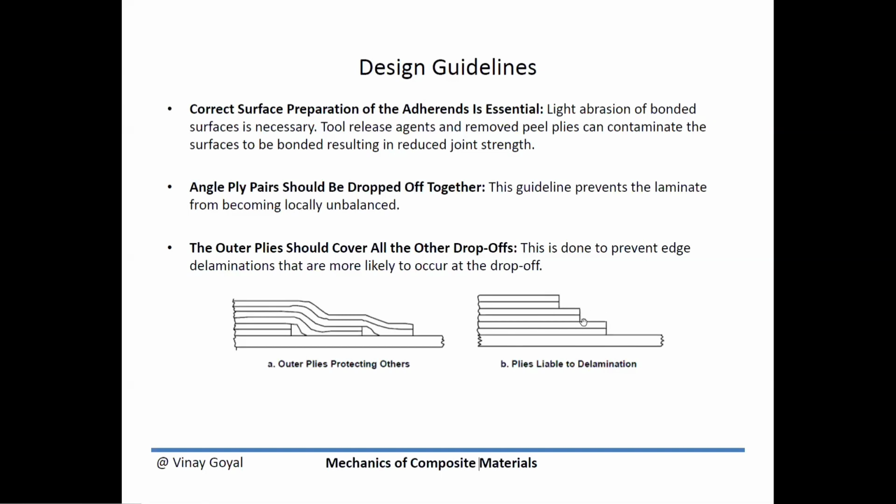You want to decrease that, because otherwise you're going to have this peel effect that's going to pull the composite apart. There's a good design practice where you can apply outer plies on top of inner plies, and that can keep everything together successfully. So I recommend you look at that and pay attention to that in your designs.